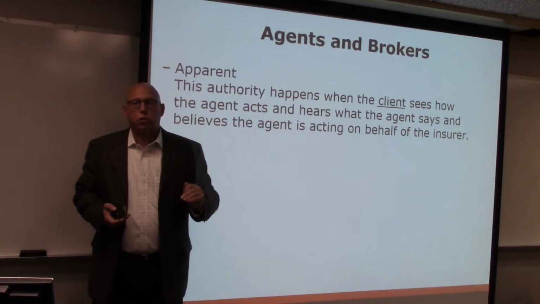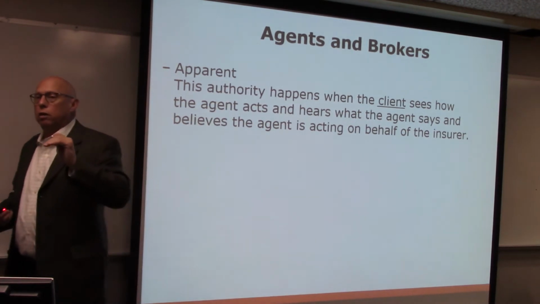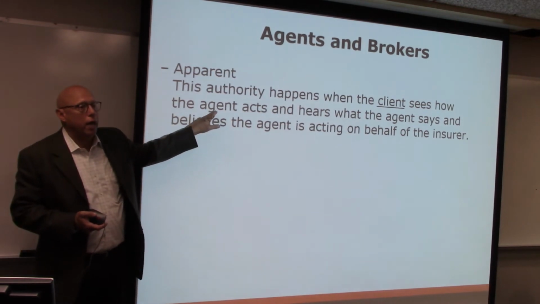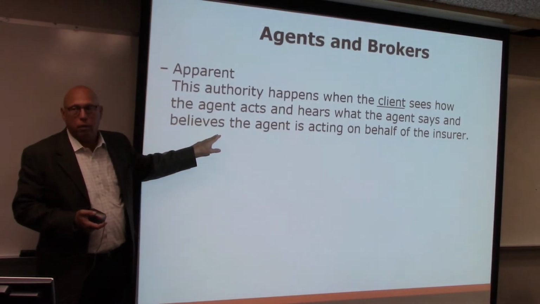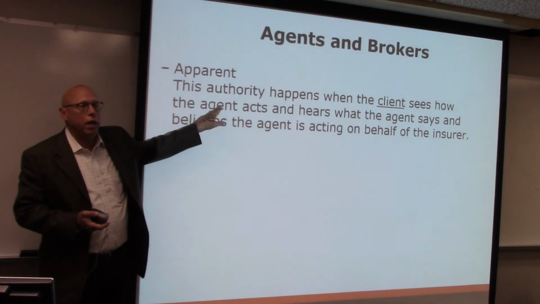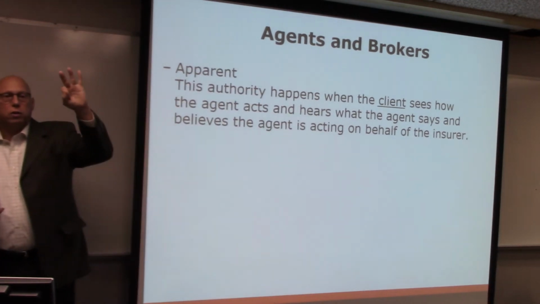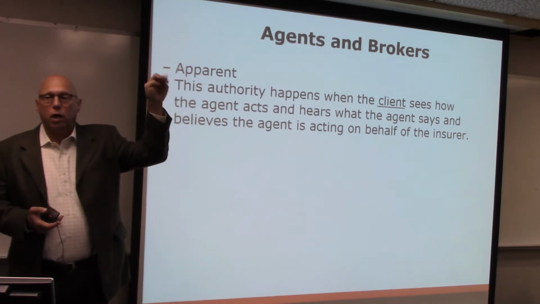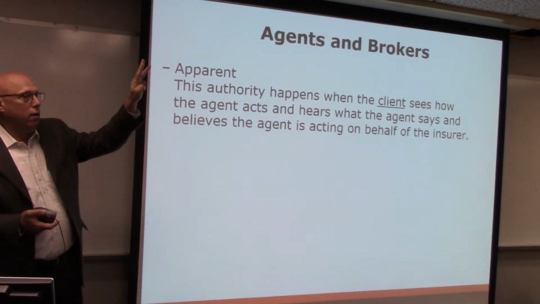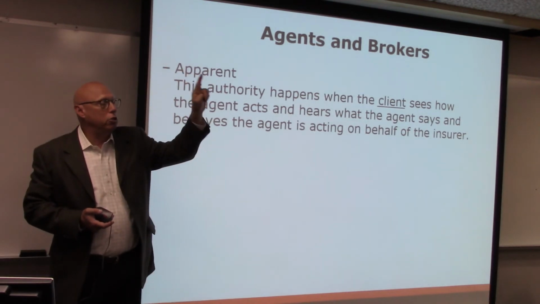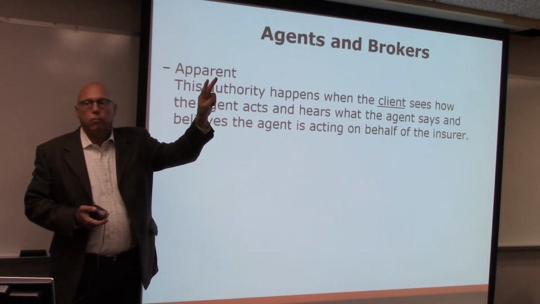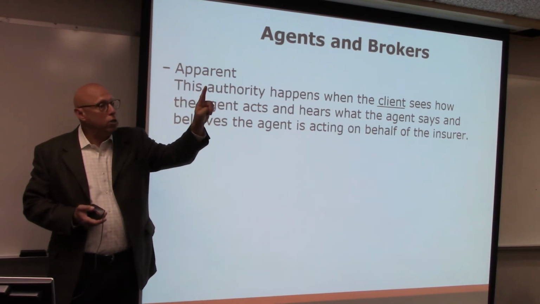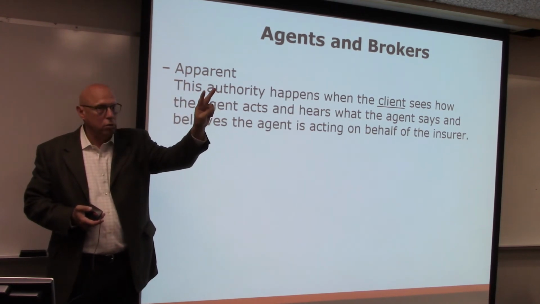Apparent has to do with the relationship between the client and the agent, not the insurance company, but the client and the agent. So there are three parties involved: the insurance company, the agent, and the client. With implied, we're talking about the relationship between the insurance company and the agent. With apparent, we're talking about the relationship between the agent and the customer. Okay?